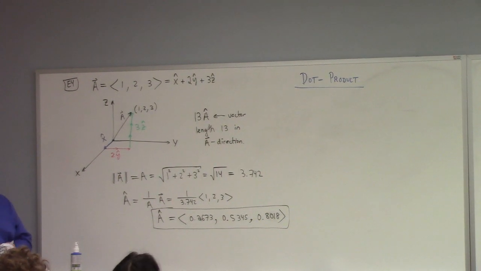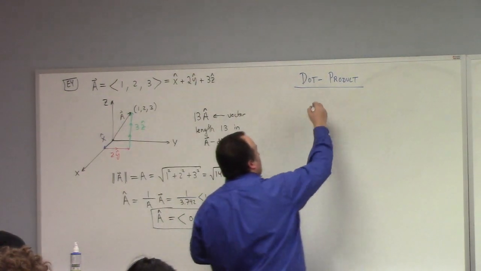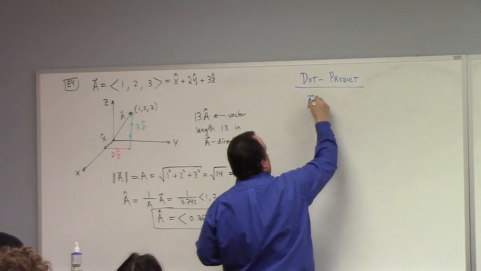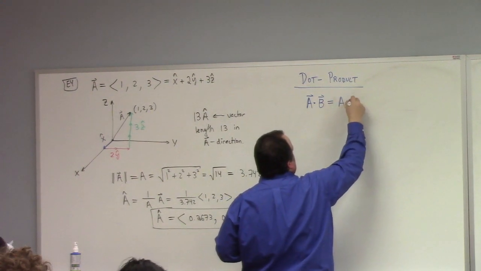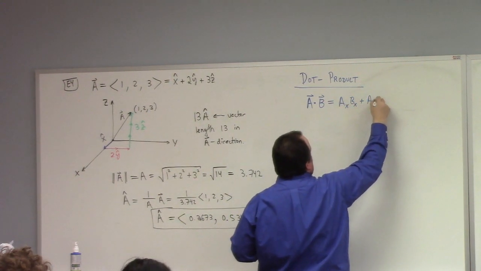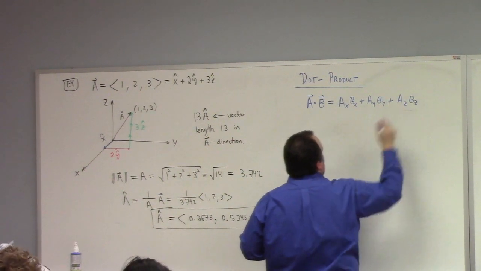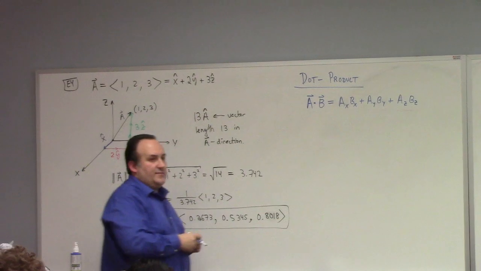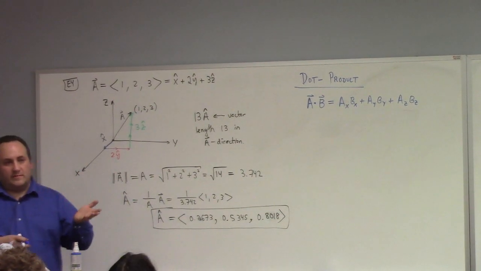It gives us a way of measuring angles between two vectors. Let me explain to you how. The definition is that A dot B is equal to AX BX plus AY BY plus AZ BZ. That's the definition of the dot product. It takes two vectors in, and it gives you a number that comes out.